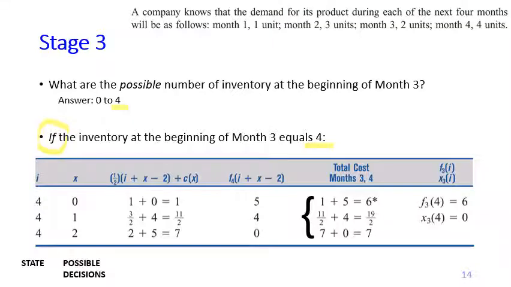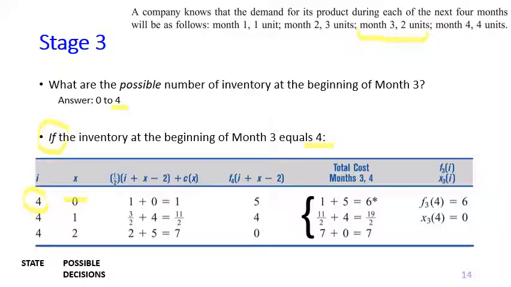Why is this the case? Again, if we have 4 units at the beginning of month 3, and the demand at month 3 is only 2 units, it is possible that we produce nothing. We just use our beginning inventory to satisfy the demand.